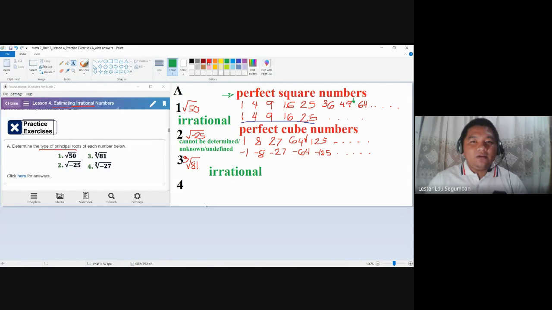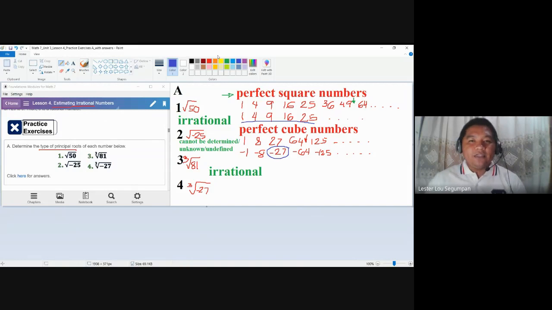And finally, for number 4, we have here the cube root of negative 27. Negative 27 is actually found here. It is the perfect cube of negative 3, because when we multiply negative 3 to itself 3 times, negative 3 times negative 3 is positive 9, times another negative 3, it will result to negative 27.